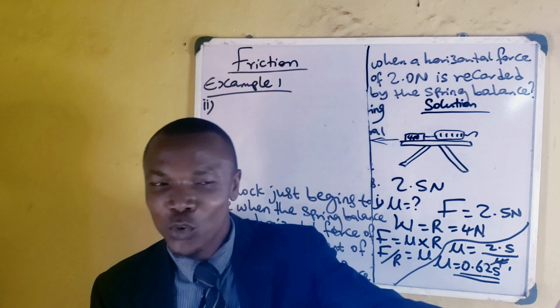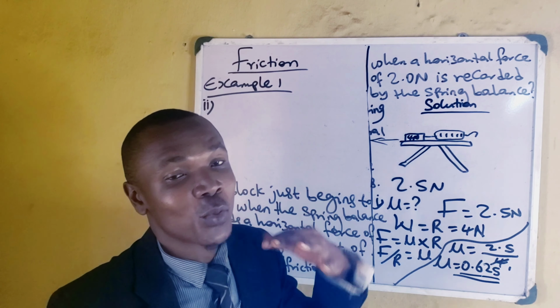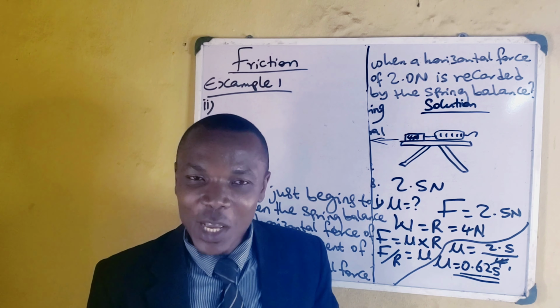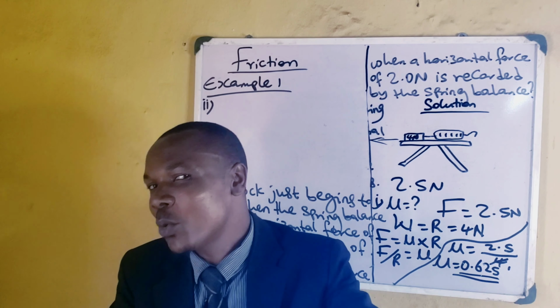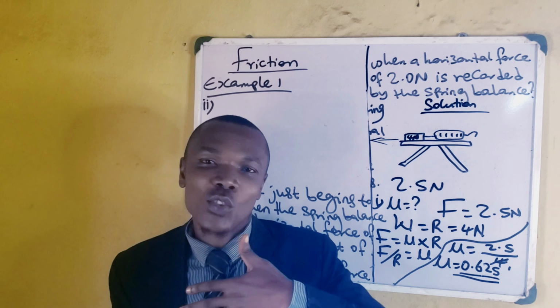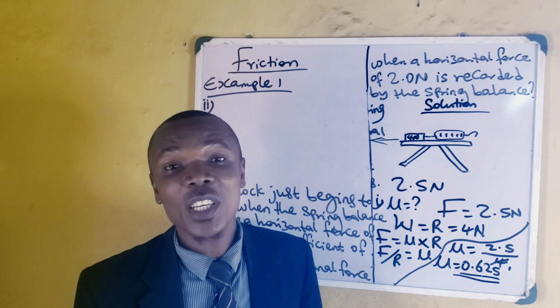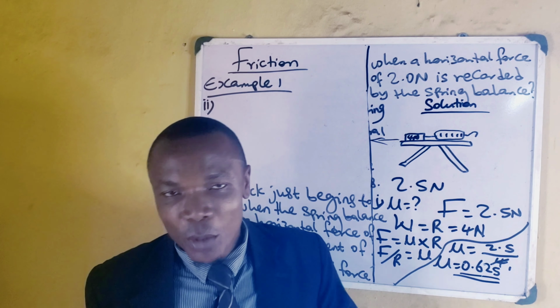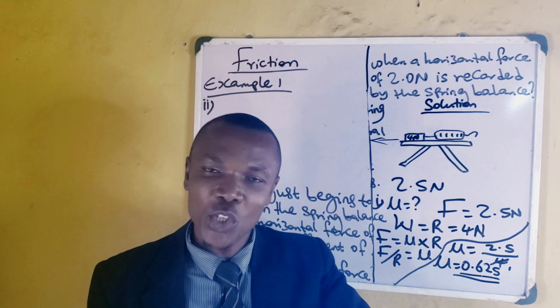That force will be opposing your push, and we said that friction is an opposing force. So if you put 2 newtons, the object will give you 2 newtons as opposing force. If you give 5 newtons, the object will give you 5 opposing newtons. Can you see? That means the friction will be 5.